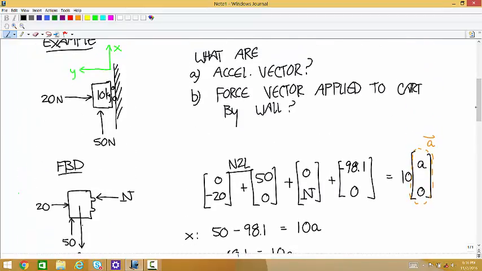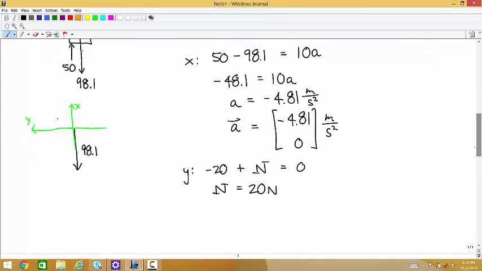And now if we want the force vector applied to the cart by the wall, notice that this vector here is the force on the cart by the wall. And so we just take that n we just calculated, plug it in here, and we get that the force on the cart by the wall is equal to 0.20.